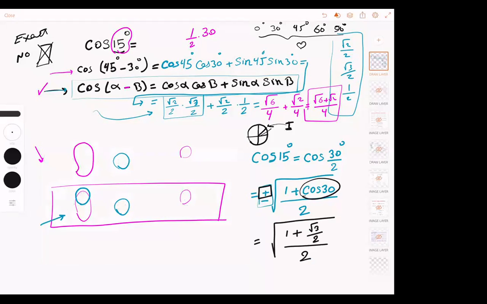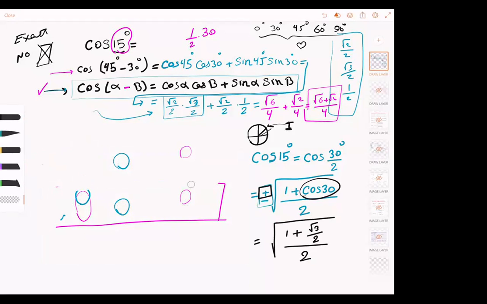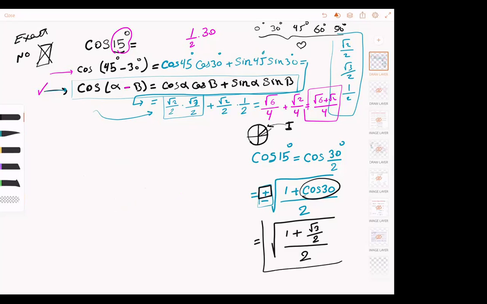So now we have to simplify it, right? We cannot leave it like this. Definitely this is not the final answer, right?